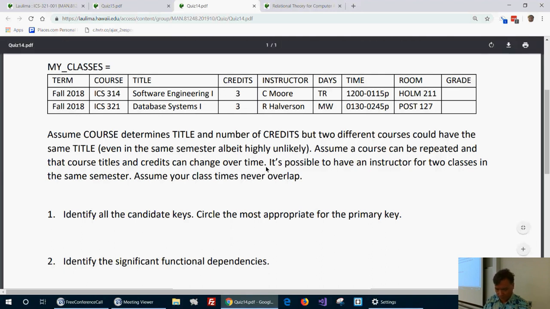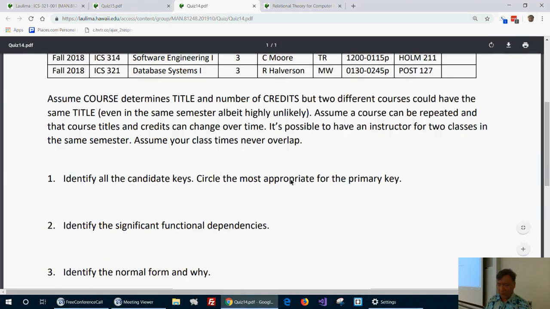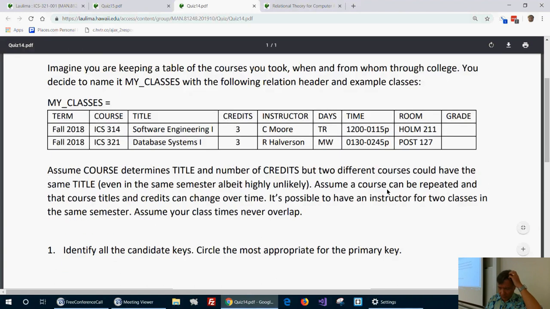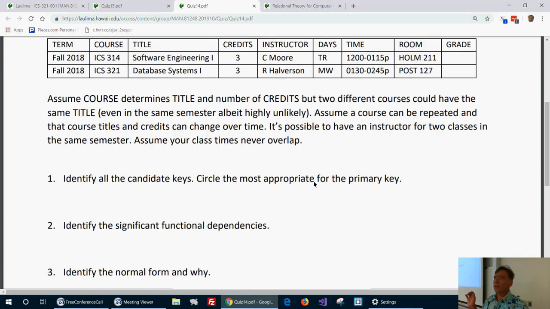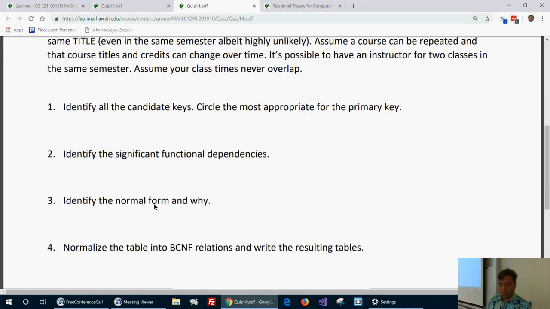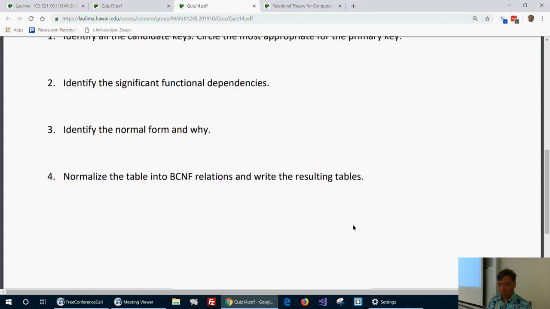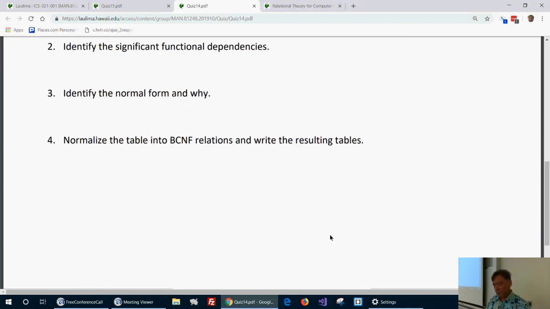Anyway, so I want to identify all the candidate keys, the sets of all the attributes that could be a key, the primary key, and then I want to identify all the functional dependencies and what normal form it's in, and then reduce them down to tables in BCNF. I can't remember how many there are. There are like 4 of them or something.